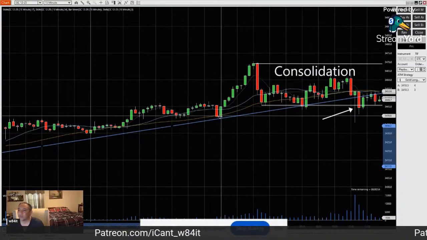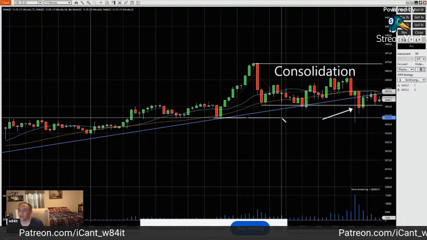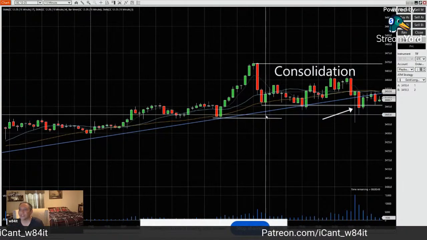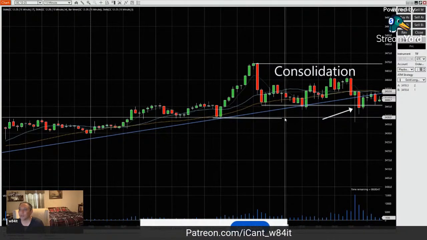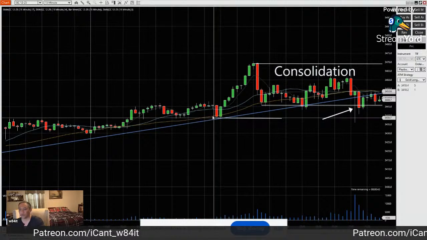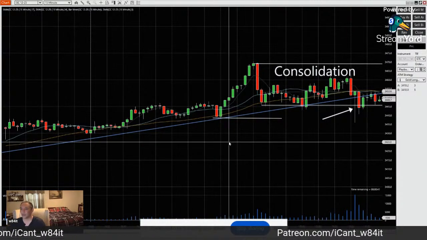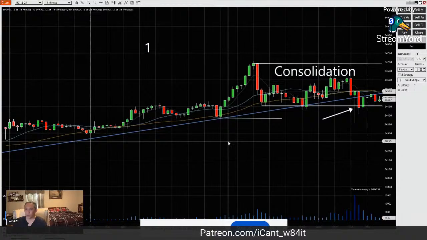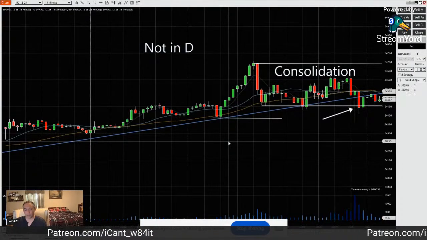So big push down, but it doesn't break the low right here. This is called a break of structure if it broke this low, but it didn't, right? So not a break of structure. So that's step one: you're not in distribution.